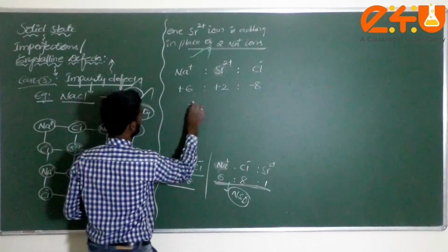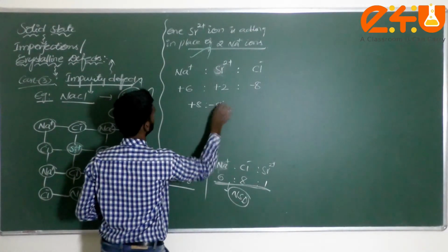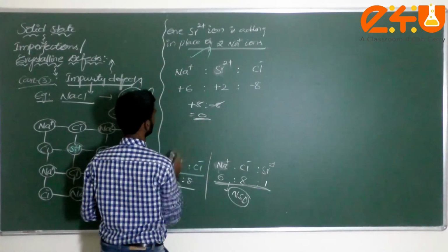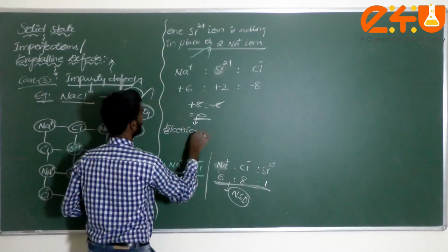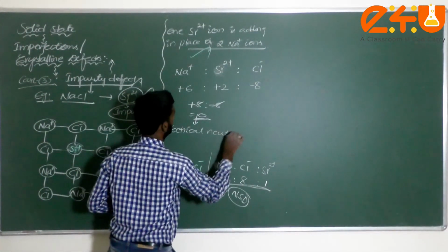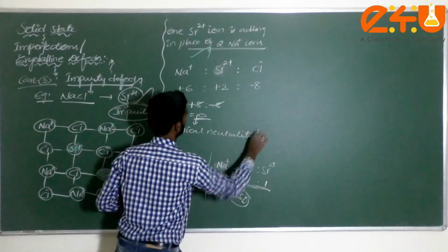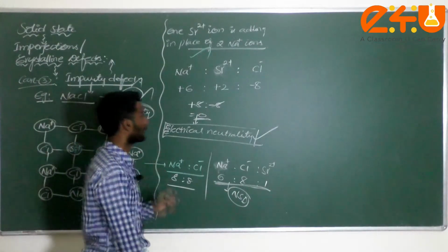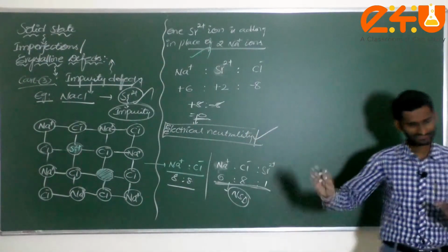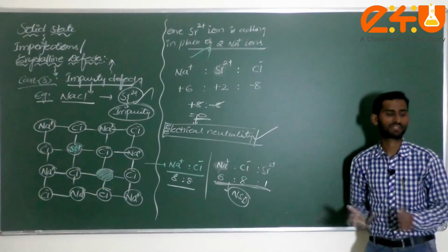Plus 8 and minus 8 cancel, giving 0. That means electrical neutrality is maintained. This is a very important concept in non-stoichiometric defects.